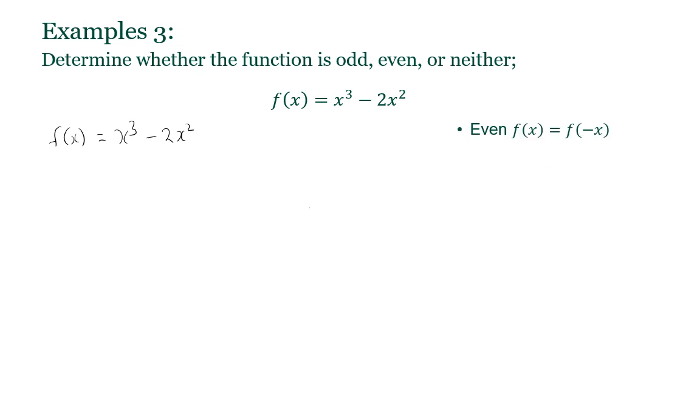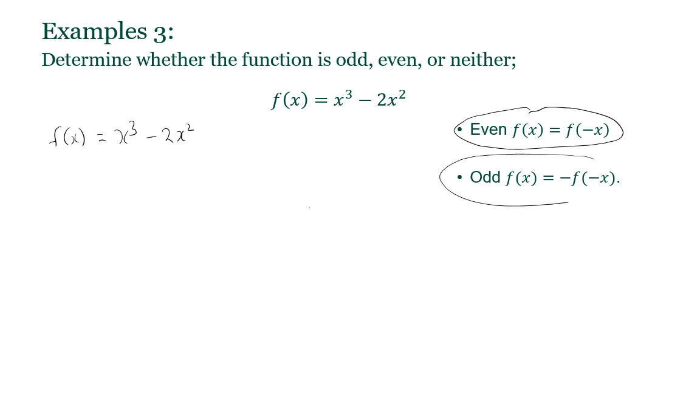Then let's remind ourselves that a function is even if f of x equals f of minus x, and is odd if f of x is equal to minus f of minus x. So the first task is we want to check if f is even. To check if f is even, we have to find f of minus x and see if it's the same as f of x.